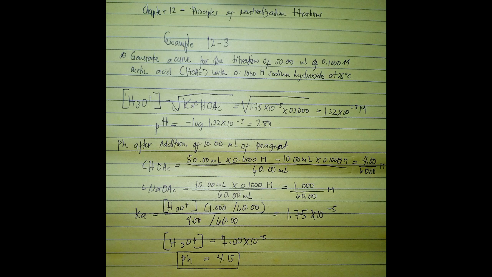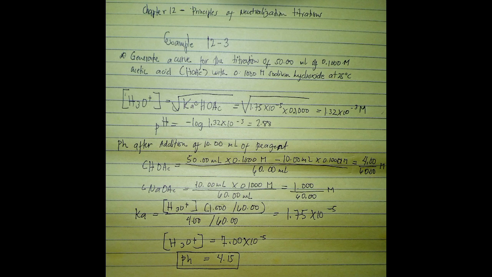We have the 1.00, then the result of the acetic acid earlier, copy the 1 and 4 and divide by 1 over 60 and 4 over 60, and we need to solve it. So the result is 1.75 times 10 raised to negative 5.